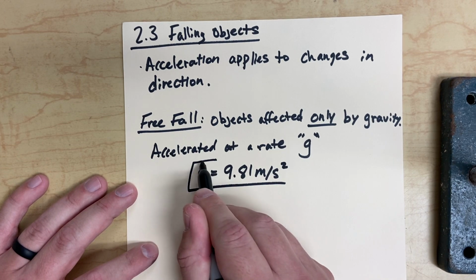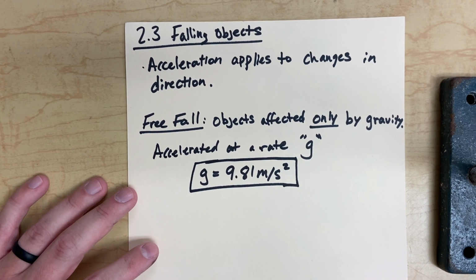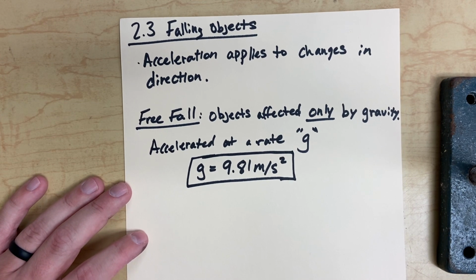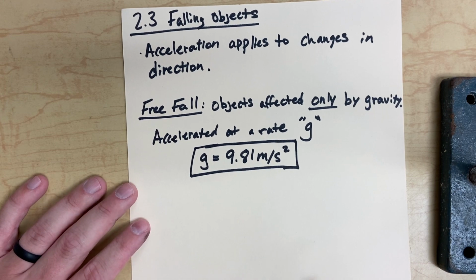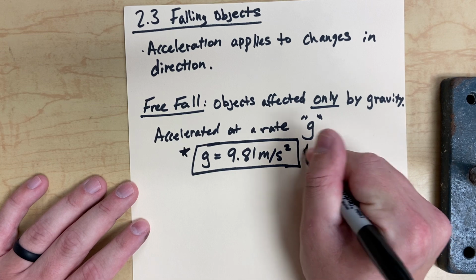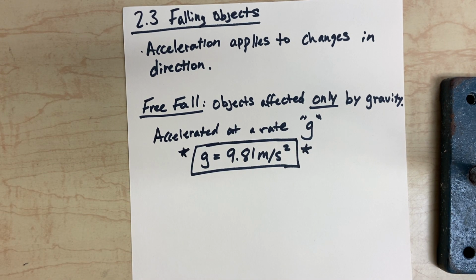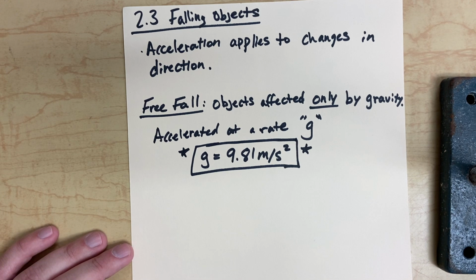Now that is a number that you need to memorize in your brain. 9.81 meters per second squared. It's going to be used a lot. Okay, so you need to get that stored into your brain somewhere. When we talk about gravity acceleration, 9.81.